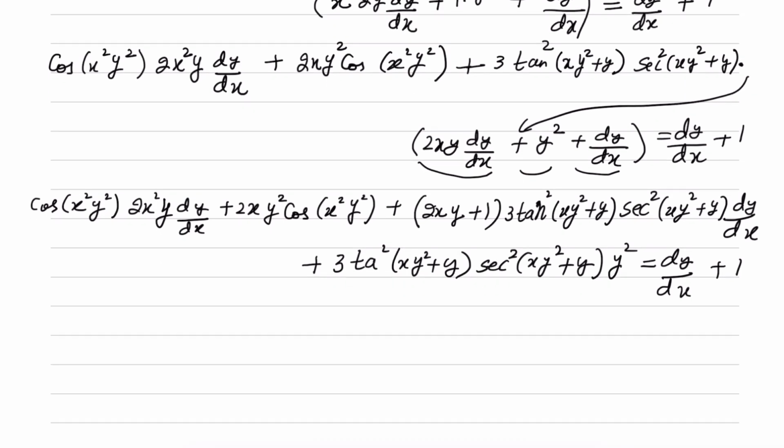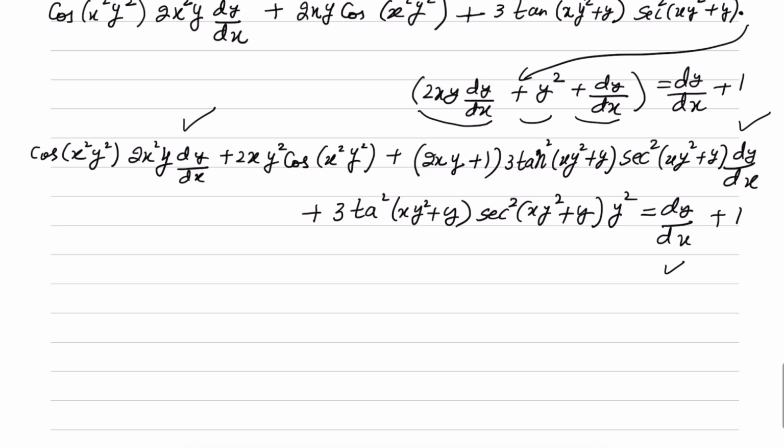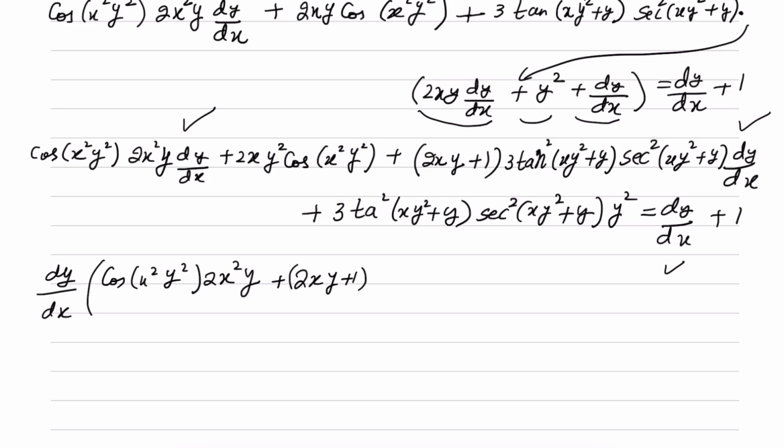Now we can see that the terms that have dy/dx in them are this term, this term and this term. So we'll combine these terms keeping dy/dx as common. It gives us dy/dx times [cos(x²y²)·2x²y plus (2xy+1)·3 tan²(xy²+y) sec²(xy²+y) minus 1], which is this term.